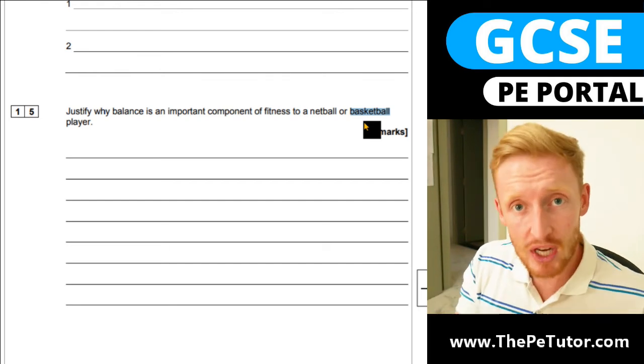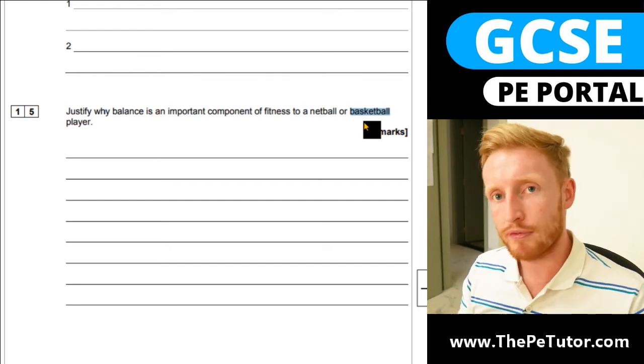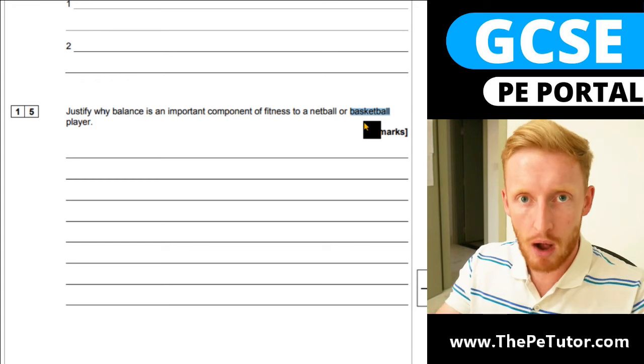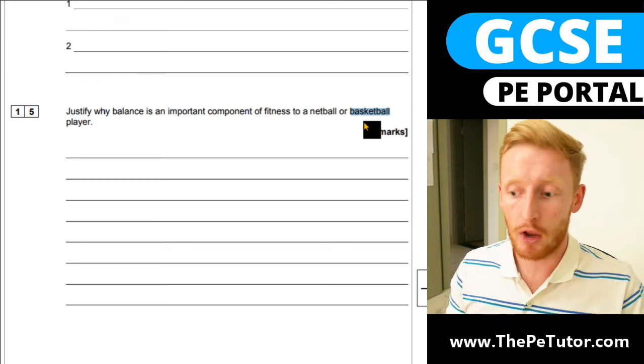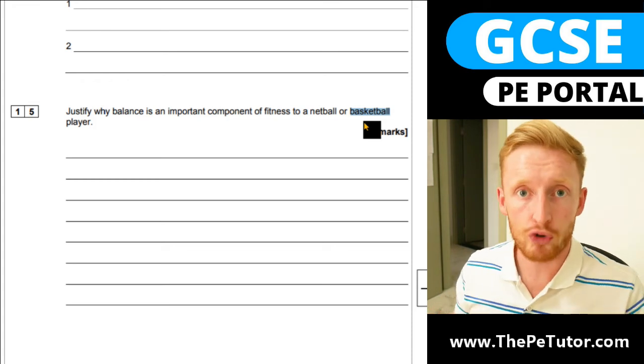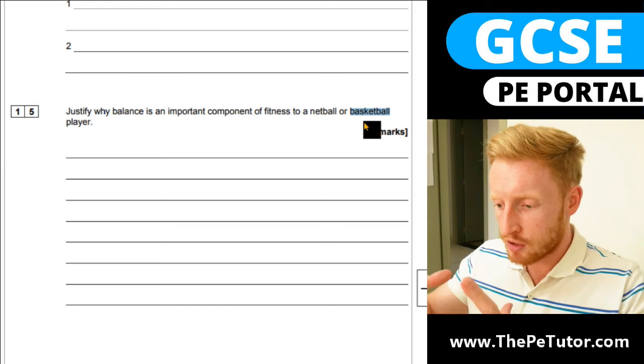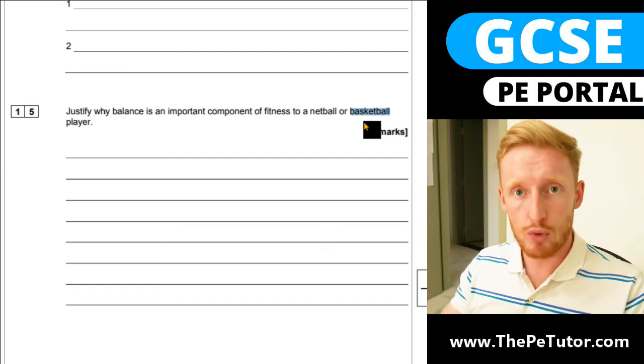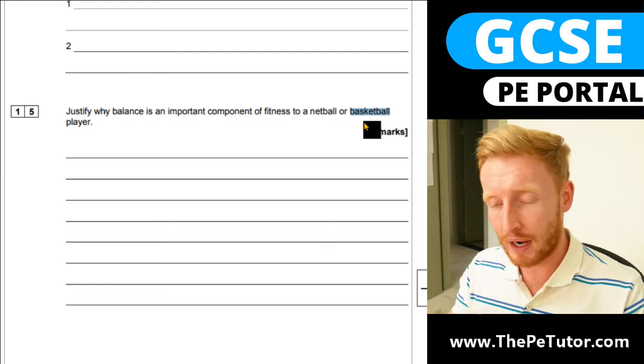Perhaps it might be agility when trying to shrug off a defender, trying to lose a marker to get into an open piece of court to receive a pass. To be able to actually be agile, we need to be able to move quickly without loss of speed or balance.